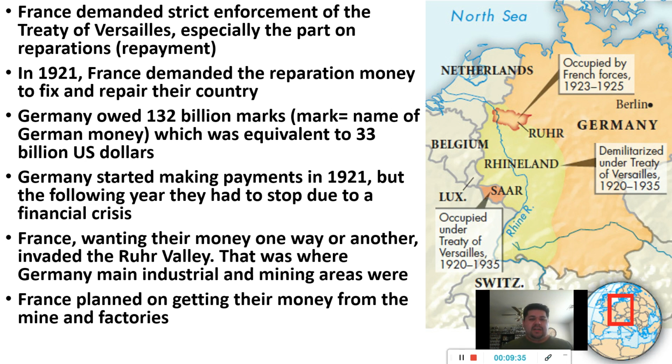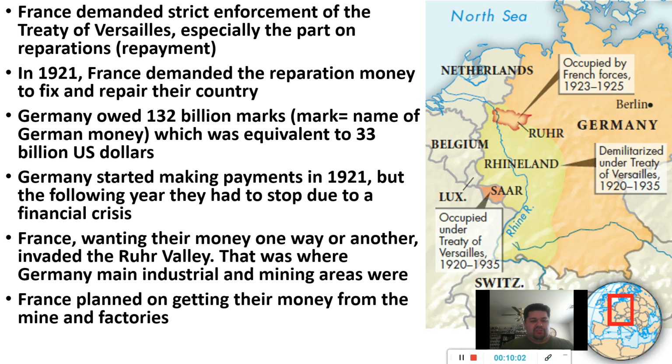Because again, we have dollars, Mexico has pesos, in Canada it's called the loonie. Different countries have different names for their money. England has the pound, things like that. So in Germany, it's called marks. That would be equivalent to 33 billion US dollars.